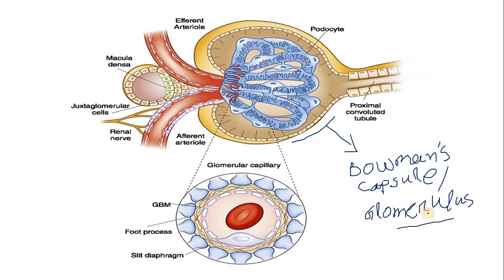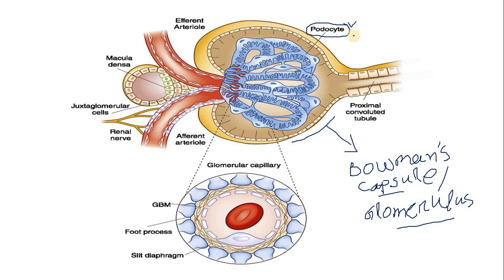The glomerulus has different cells which are responsible for the filtration, and one type of cell is one kind of epithelial cells which is called podocyte cell.